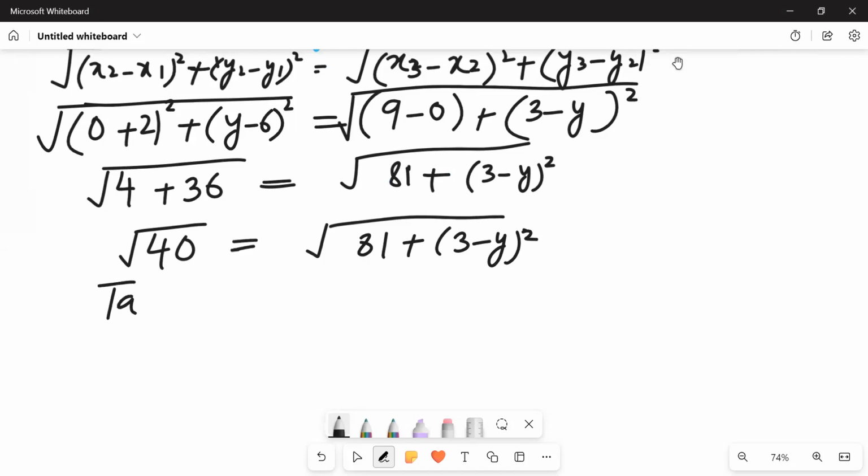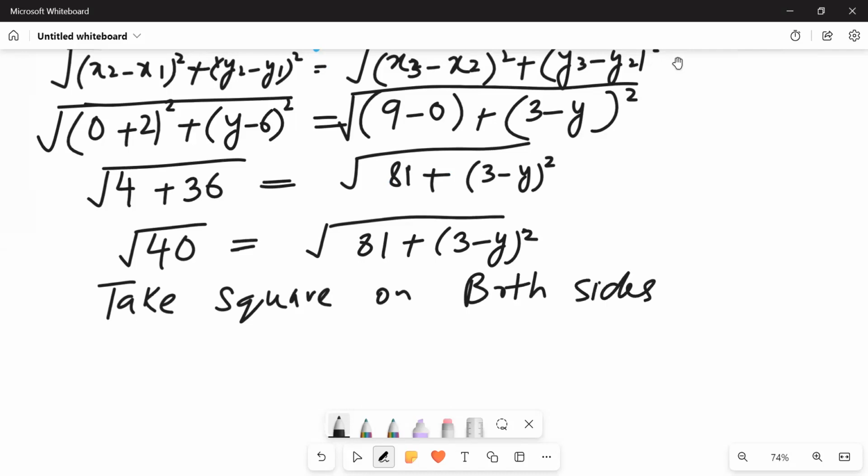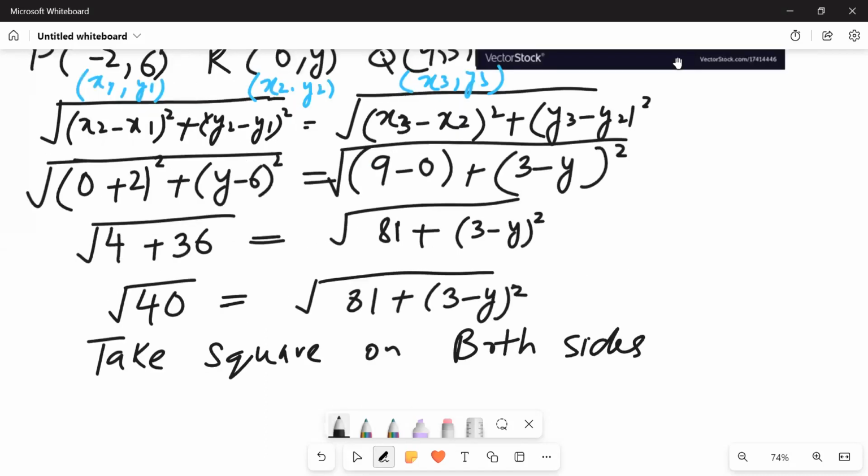Take the square on both sides. Won't we solve 3 minus y? Won't it be 9?